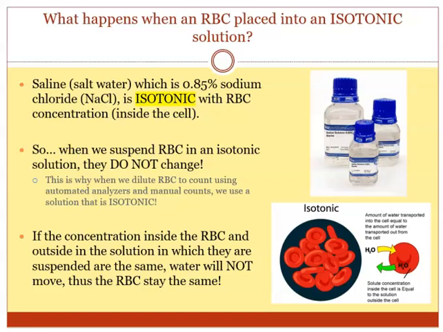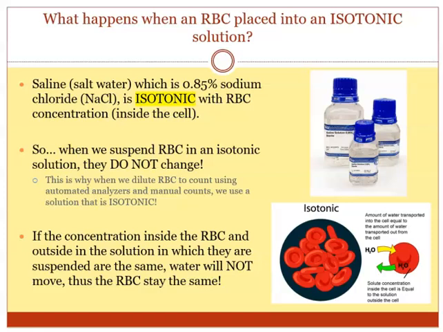So we talked about each of the three situations on the previous slide, but let's talk about each one more in detail for tonicity. So what happens when the red blood cell is placed in an isotonic solution? Okay, if we put our red blood cell in saline, which is about 0.85% sodium chloride, which is isotonic with our red blood cell, the red blood cell will not change.